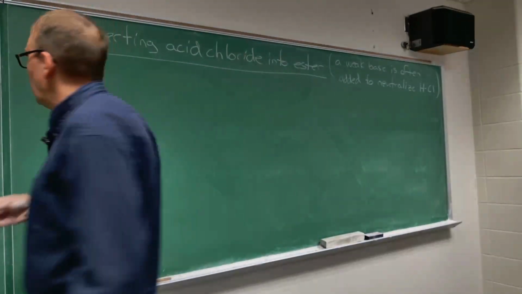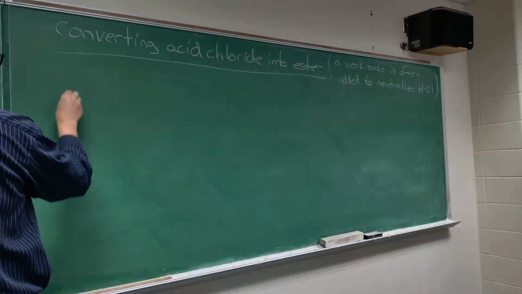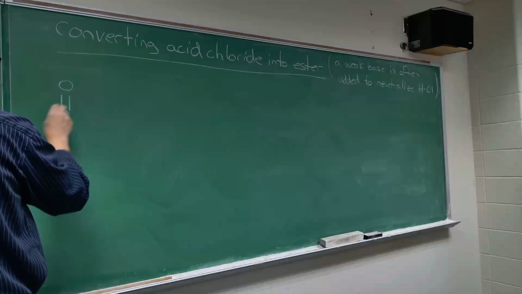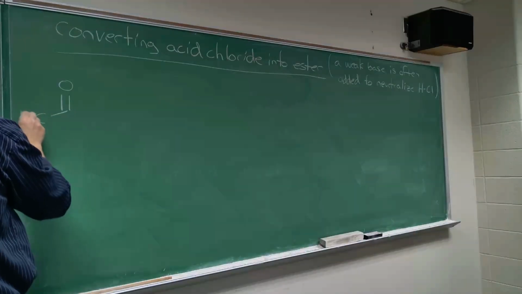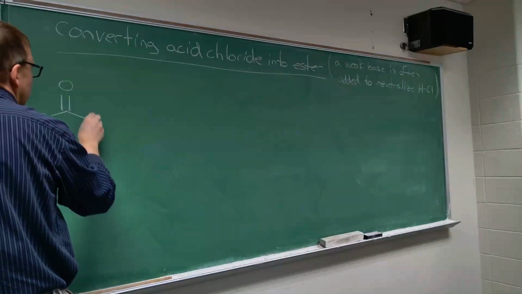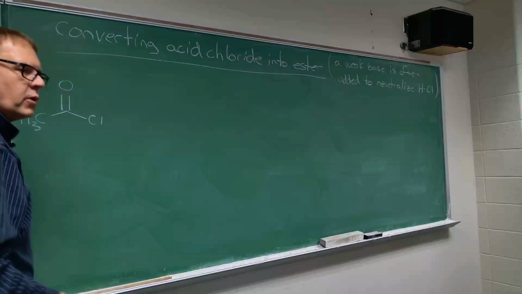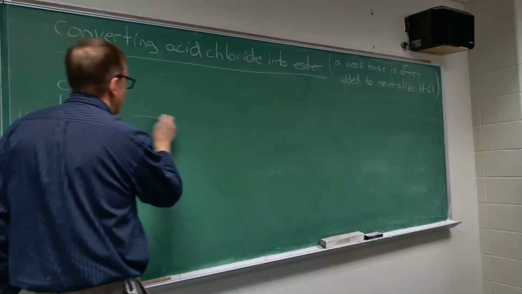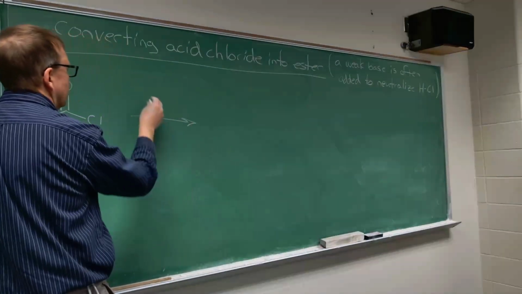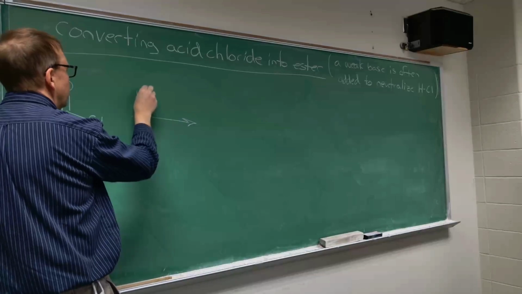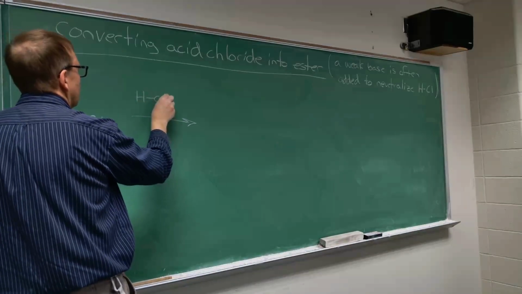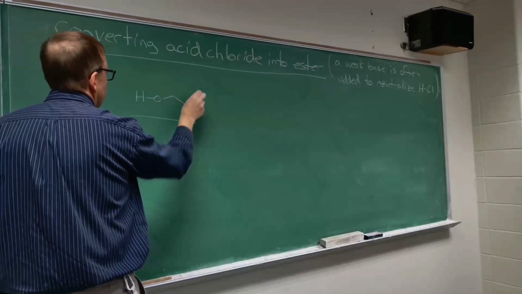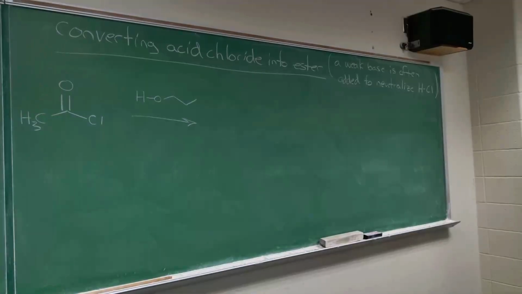Okay, so let's talk about acid chloride reacting with an alcohol in the presence of a weak base. So for this one, I'm going to use this alcohol, just propyl alcohol, just for, I don't know, something that's different than methyl.